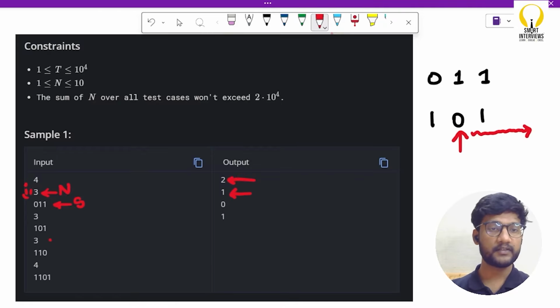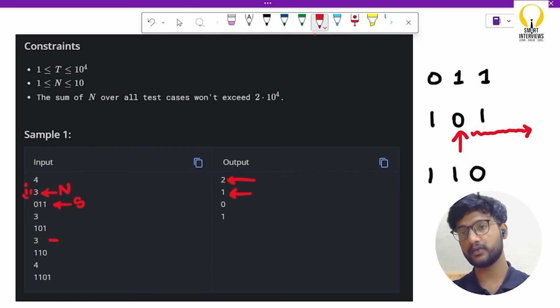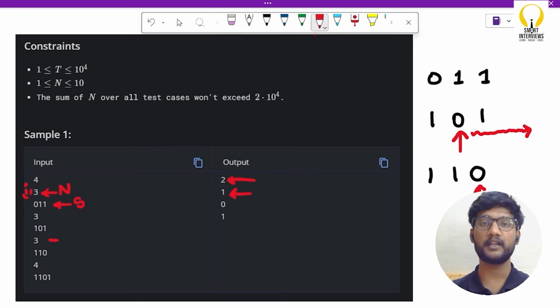In the same way, for the third test case we have 1, 1, 0. That is your binary string. Where is the 0, which is your first silence period? Here. Do you have any pulse on the right side? No. So for this, the output will be 0.